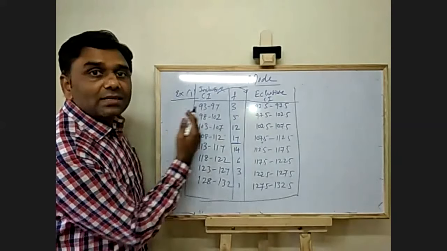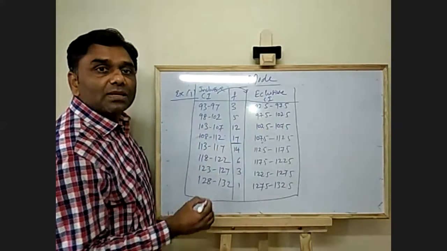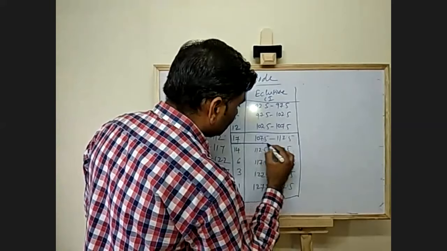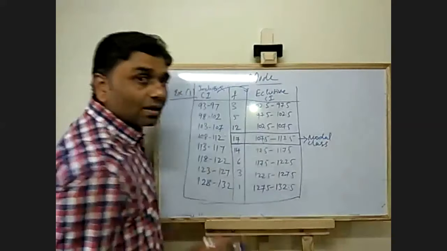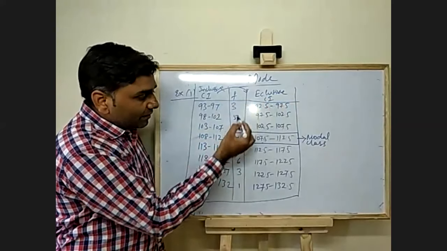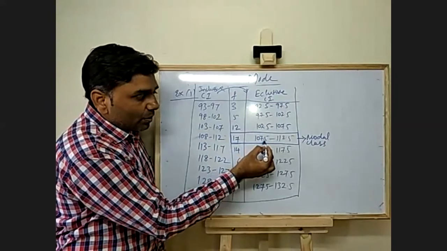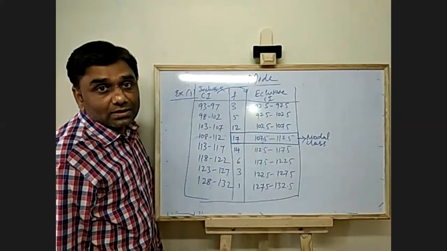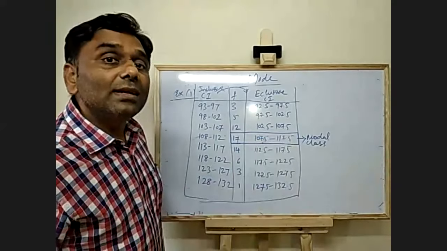Now forget about the inclusive class intervals; consider only the exclusive ones. So the highest frequency is 17, and this is your modal class: 107.5 to 112.5 is your modal class interval.